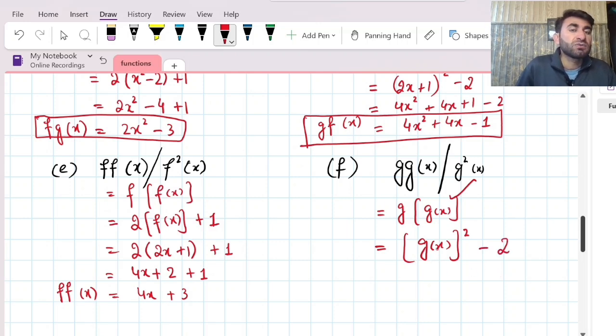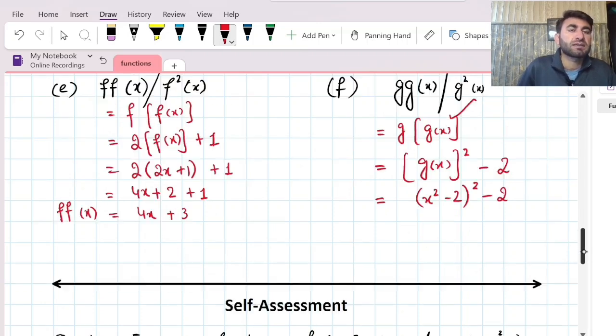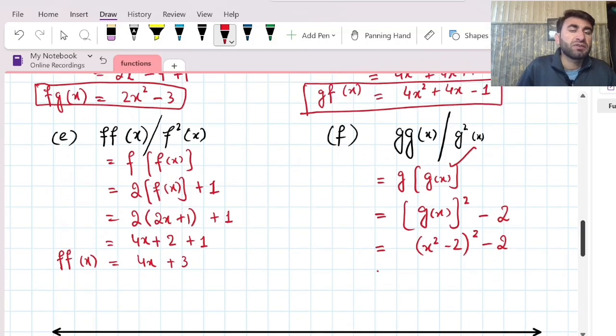Once again we have to replace the value of g of x, and g of x was x square minus 2, and there is a whole square above it. Minus 2 is kept as it is outside. So now we have to simplify it, and we know that the whole square of this value will become x raised to the power 4, then minus 4x raised to the power 2, and plus 4, and minus 2 is already there.